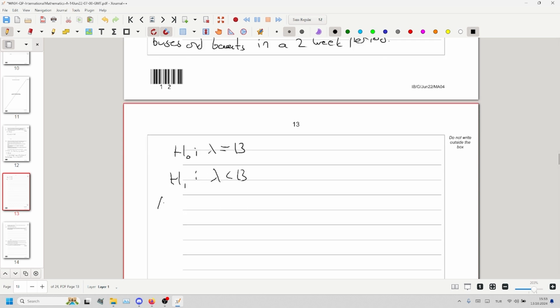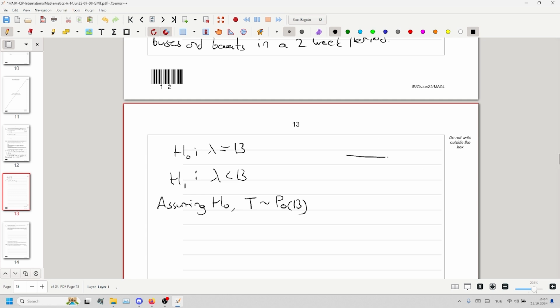Now again, we can say that assuming H0, our test statistic T is modeled by Poisson of 13. Now here we're searching for lambda less than 13. This would mean we need to do a lower-tailed test, so one-tailed lower-tailed test.